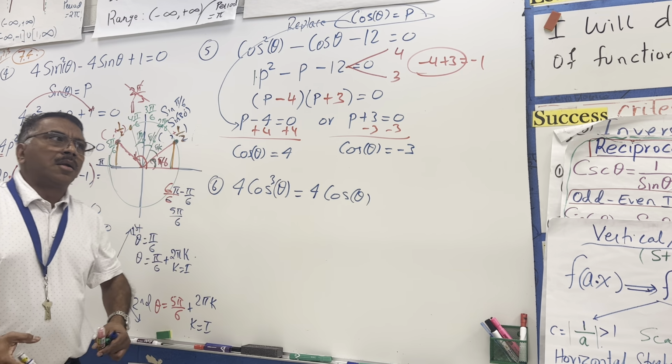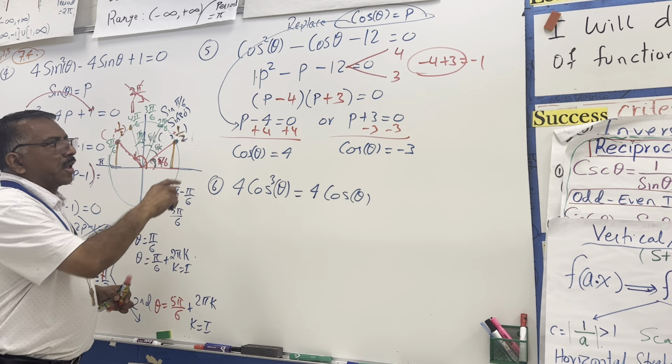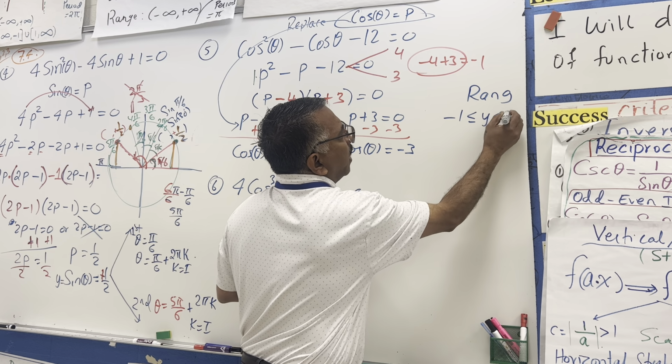Now remember the range of cosine. Is there an answer for this? Suppose I write theta, cosine of what angle is 4. We know that the range of sine and cosine, remember, is from -1 to +1.